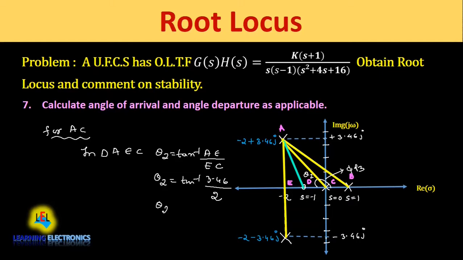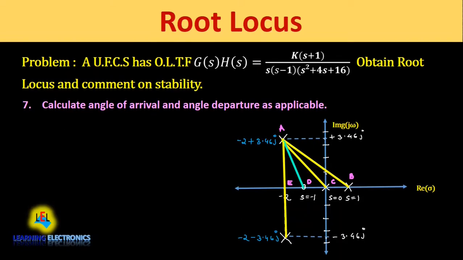When we solve this, we get theta 2 approximately equal to 60 degree. So our phi P3 will be equal to 180 degree minus 60 degree, which is equal to 120 degree. So phi P3 will be equal to 120 degree.